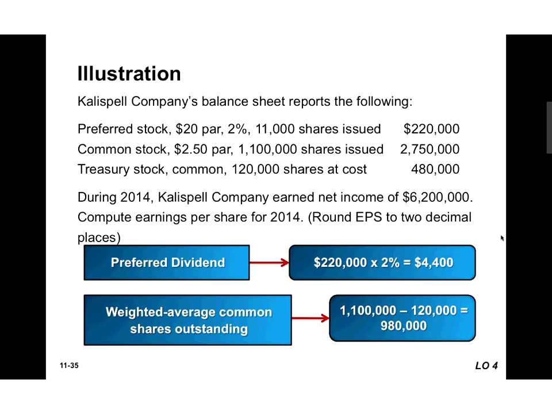So our outstanding shares are 980,000. So we have the issued minus the bought back, the treasury stock. So the $4,400 is the preferred dividend. The 980,000 is the number of shares outstanding. So then on the next slide, we're going to put those numbers into the equation.